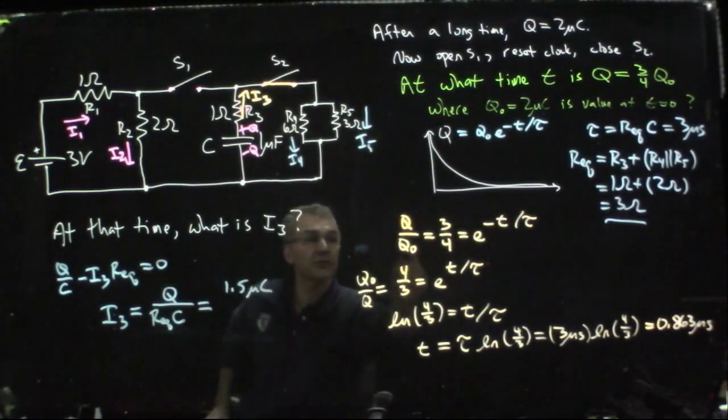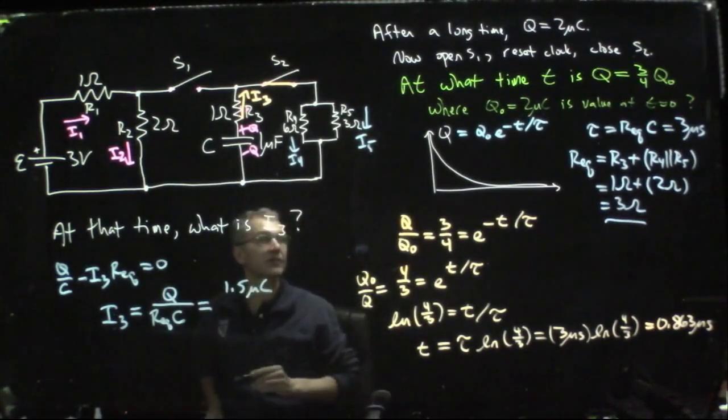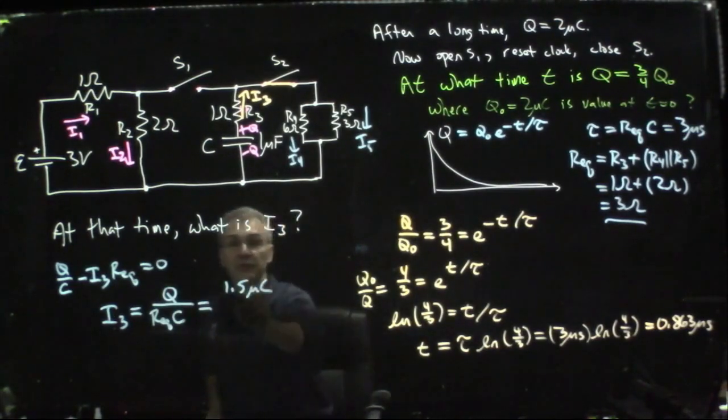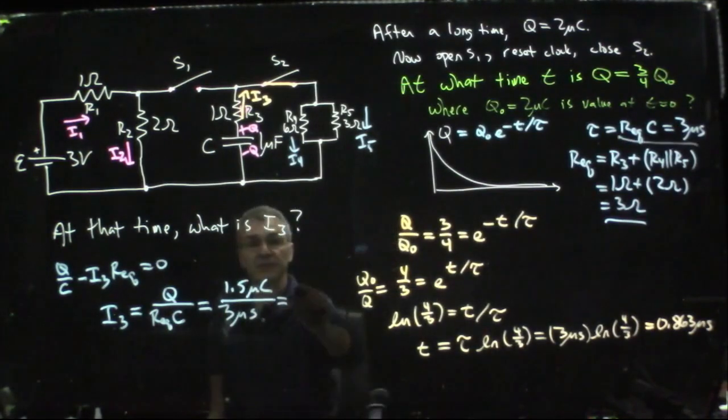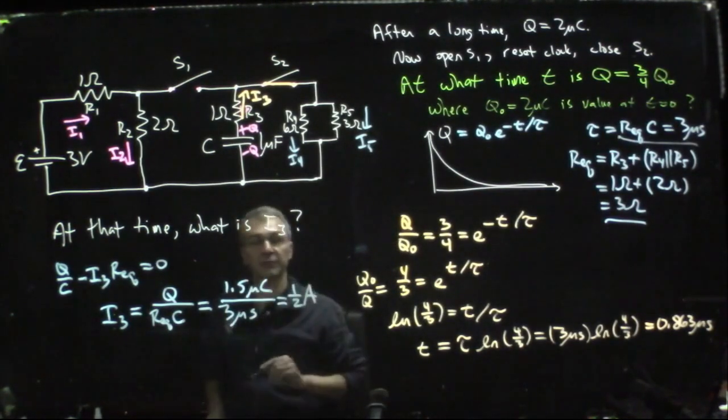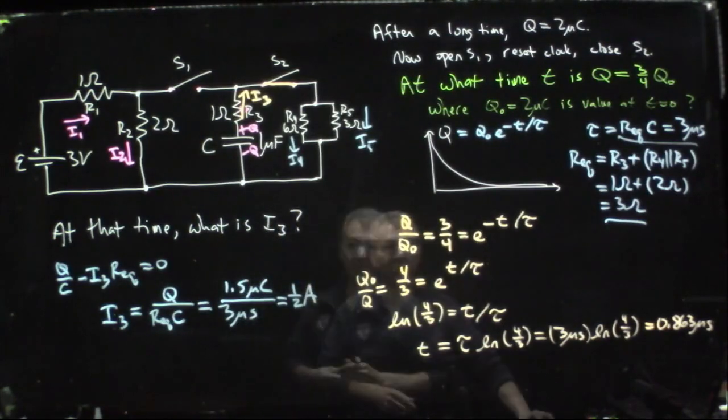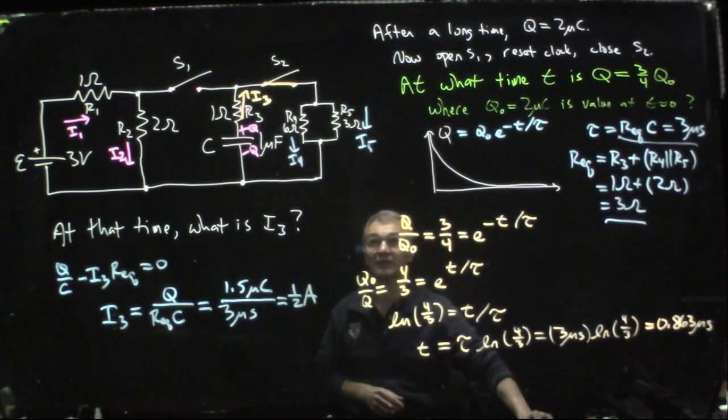That's 3/4 of the initial charge. The initial charge was 2 microcoulombs, so 3/4 of that is 1.5 microcoulombs, and then divided by 3 microseconds, which is R equivalent times C. So this is 1/2 of an amp. So 0.500 amps. Whoa. I wrote that problem. Wow. That was a long problem.